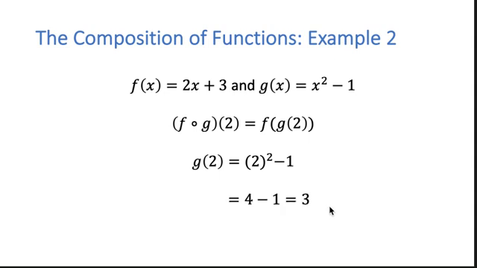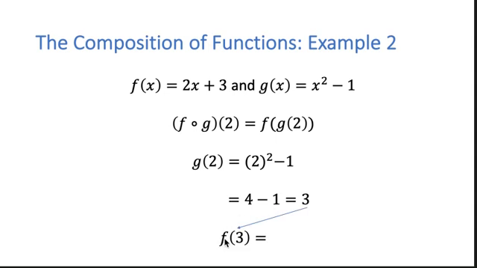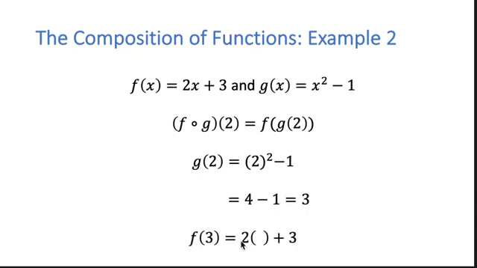Then I'm going to take that answer and plug it into f. So f of 3, I'm using 3 because that's what I got for g of 2. f of 3 is equal to 2 times 3 plus 3, or 6 plus 3, which is 9. So that means f of g of 2 is equal to 9.